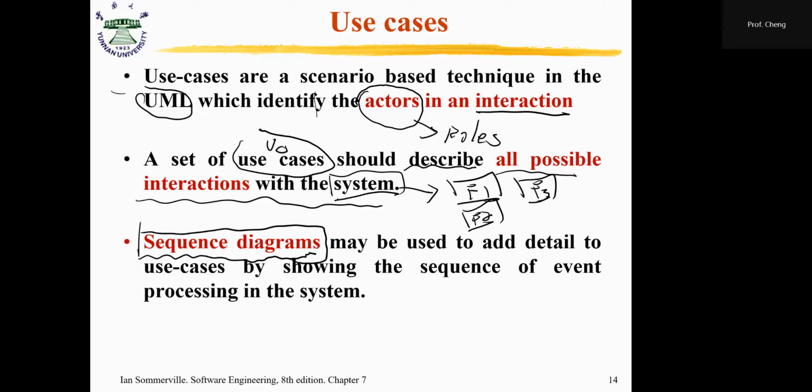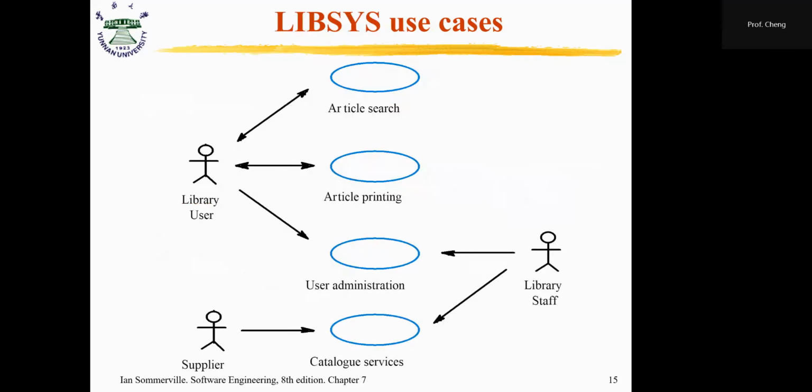Let's continue. This is a simple example about the user cases. This is also a very easy one, a trivial one. This is the example from the laboratory system. So in the laboratory system, there are three very easy to identify actors. First one is like you, laboratory user. They can search article. They can print, you will see later. Print is a function. Like this is function 1, function 2, function 3.